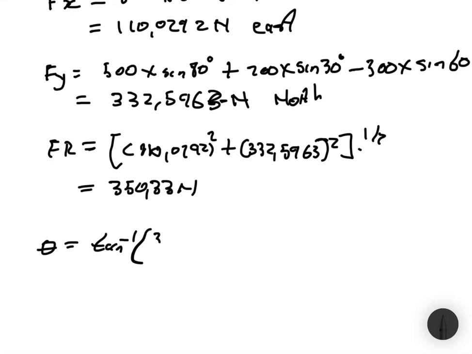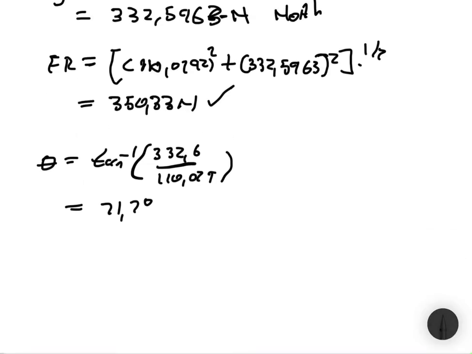So we're gonna have 332.6, and then adjacent, the x value, 110.029, right? And this will be 71.7 degrees basically. So we have the magnitude and we have the direction.